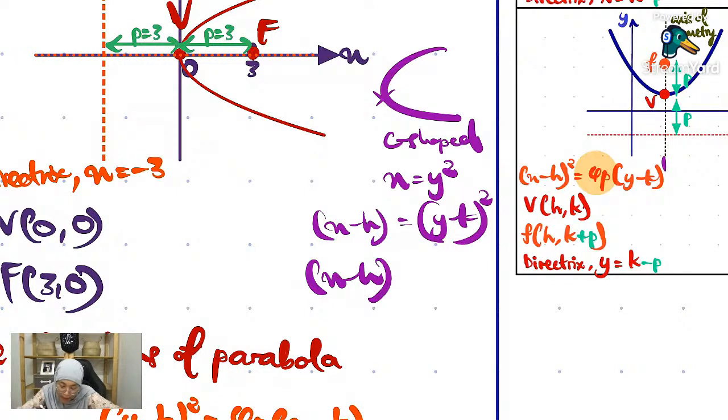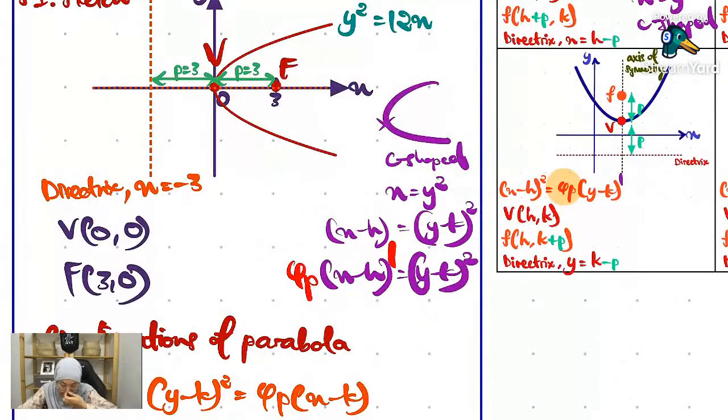So basically, my 4P is at the power 1 here, which is there. And the rest of this is Y minus K, the whole thing squared.